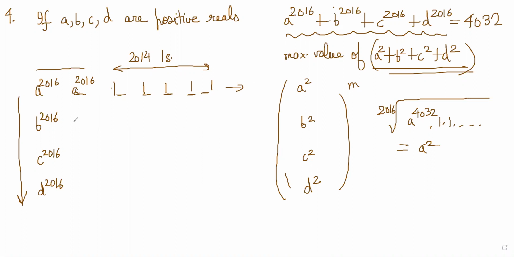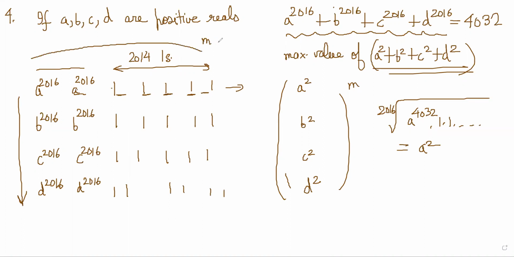So I will just repeat this series here. The second column is just the same as the first column, and everything else is a 1 in this table. Everything else is a 1. There are 2016 terms in each row. So M is equal to 2016, and there are 4 terms in each column. So N is equal to 4, right?